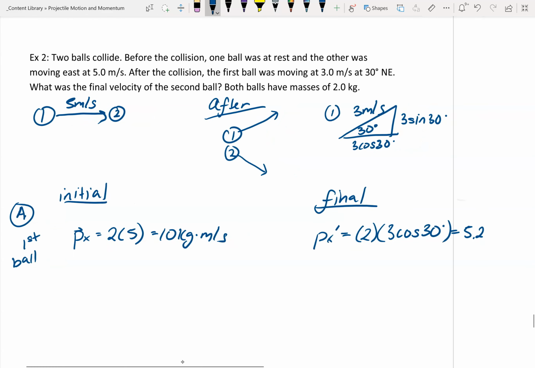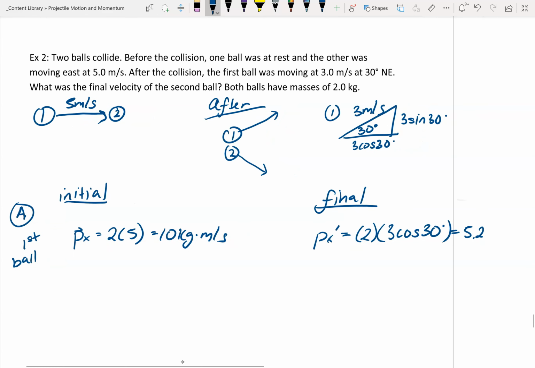This was 10 kilograms plus 0. So overall, our momentum in the x direction is 10 kilograms times meters per second. That was our initial. Then for our final, it's calculated as P1x prime plus P2x prime. This was 5.2 plus P2x prime. I'm just going to leave it as that for now, and then we'll look at our y direction.